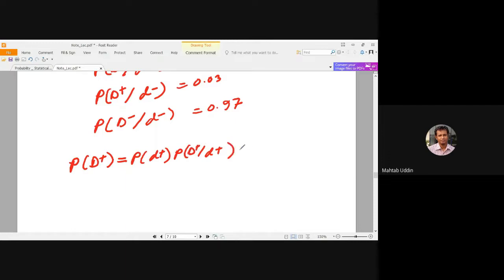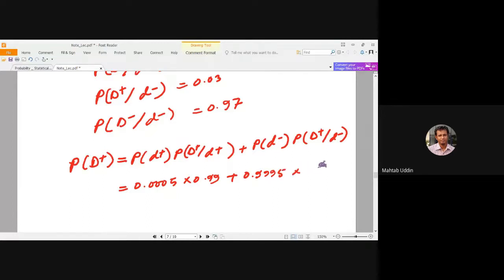Also, if there is no disease present, we can still detect because false positive is present. Put the value: 0.0005 into 0.99 plus 0.9995 into 0.03. We need to calculate it.